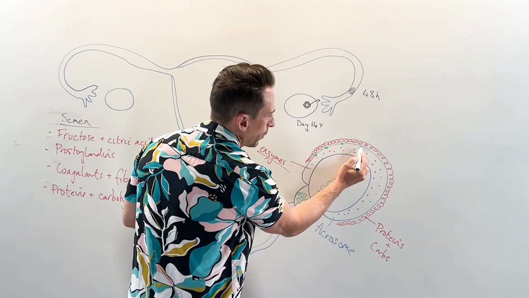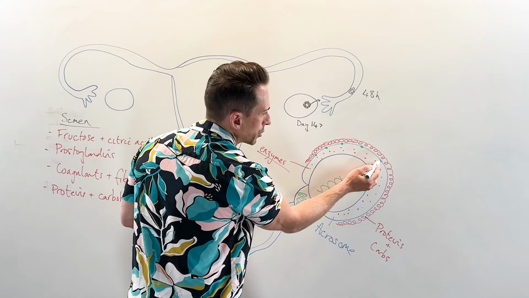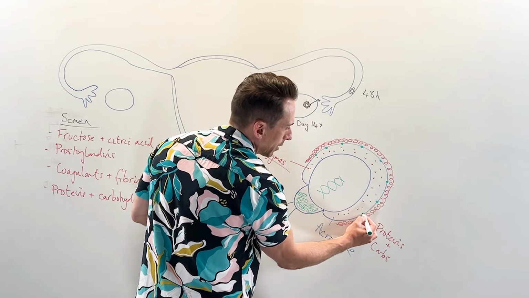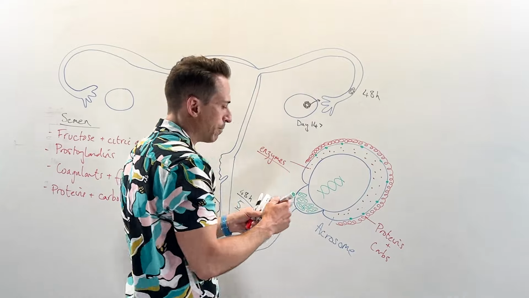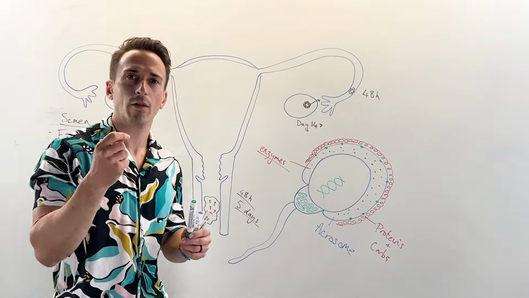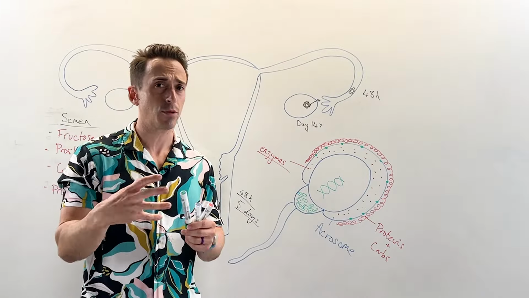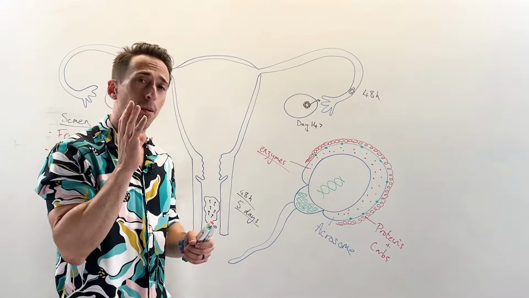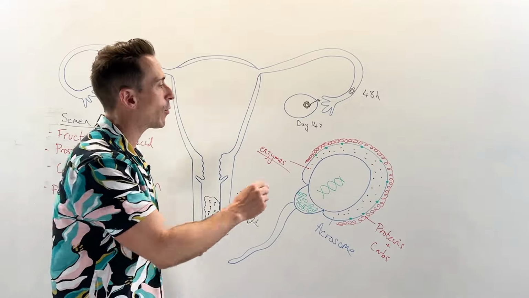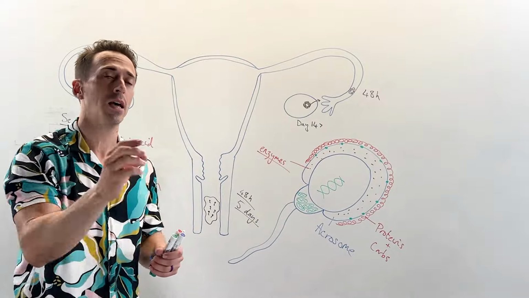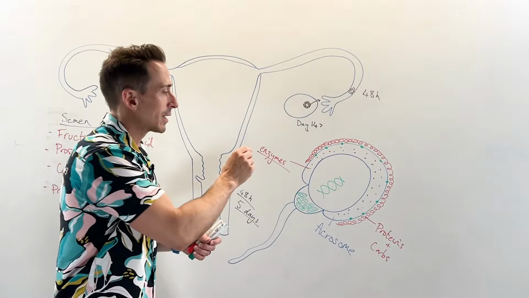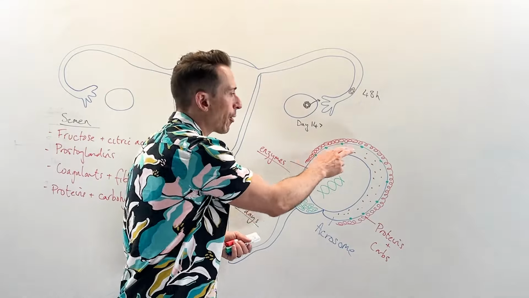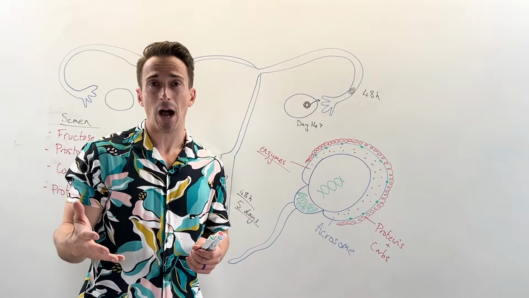Now, we need to go back to basic cell biology. Why do we have cholesterol embedded in the membranes of our cells? There's many reasons. Sometimes they act as receptors, sometimes as functional subunits. But one of the most important reasons is that cholesterol keeps the membrane rigid. Remember, our membranes are made up of phospholipid bilayers.